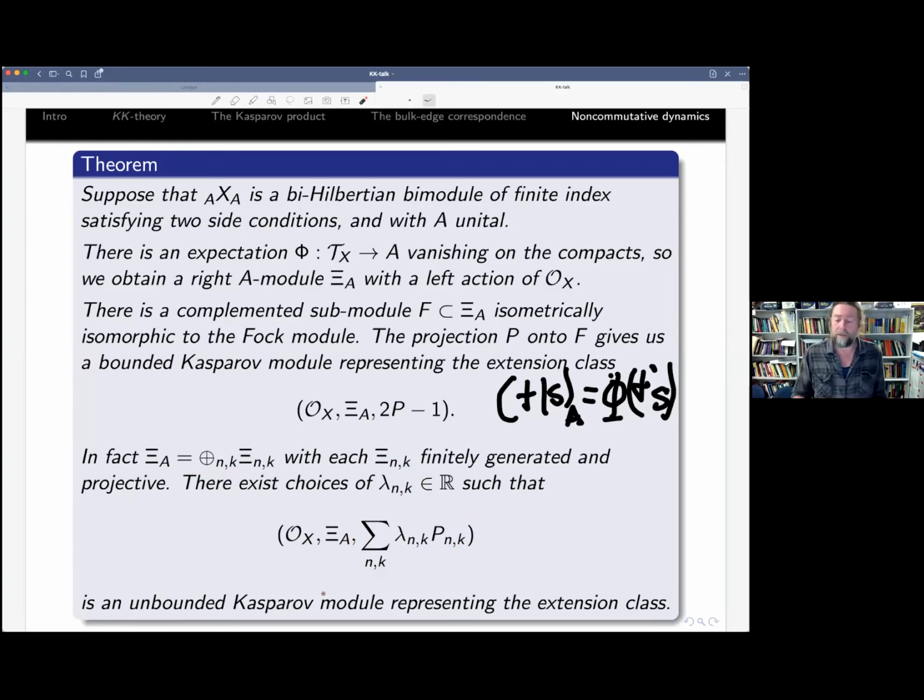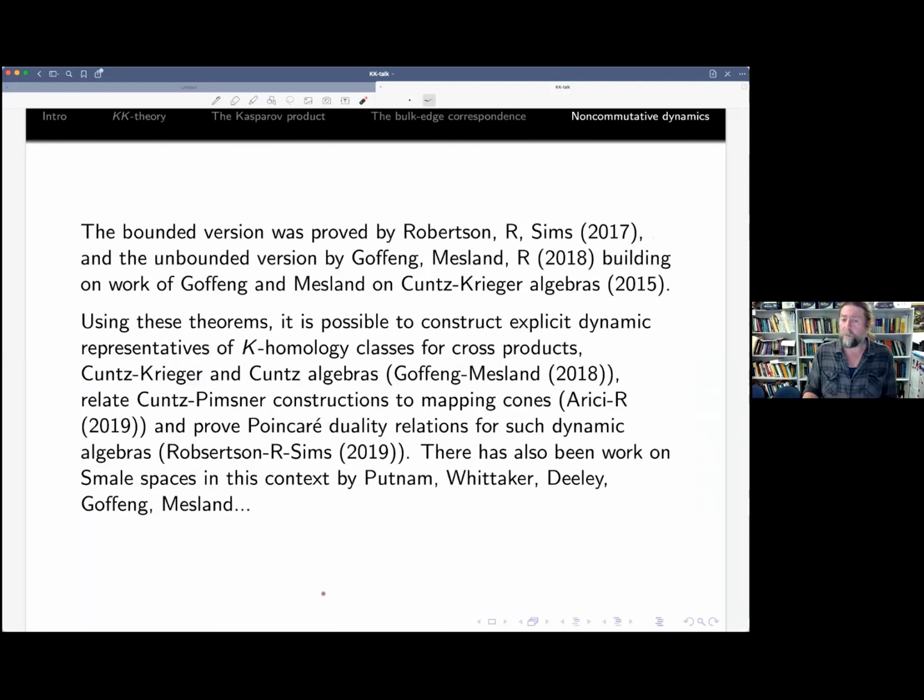The bounded version was proved by Dave Robertson, Aidan Sims, and myself, and the unbounded version was proved by Bram Mesland, Magnus Goffeng, and myself. The unbounded version really built on work of Goffeng and Mesland studying Cuntz-Krieger algebras.